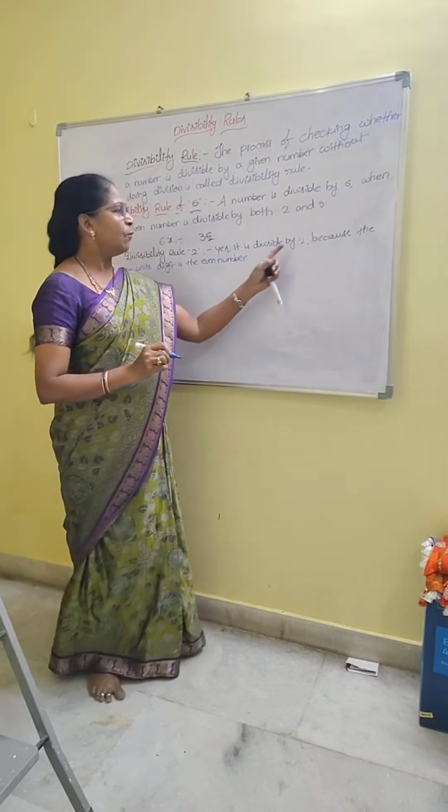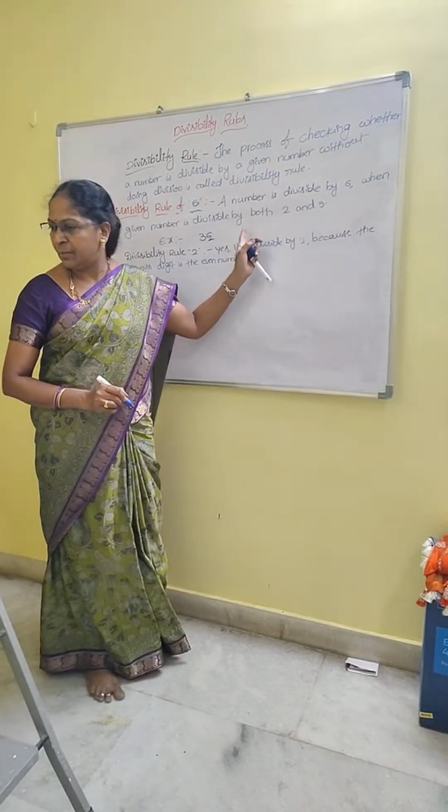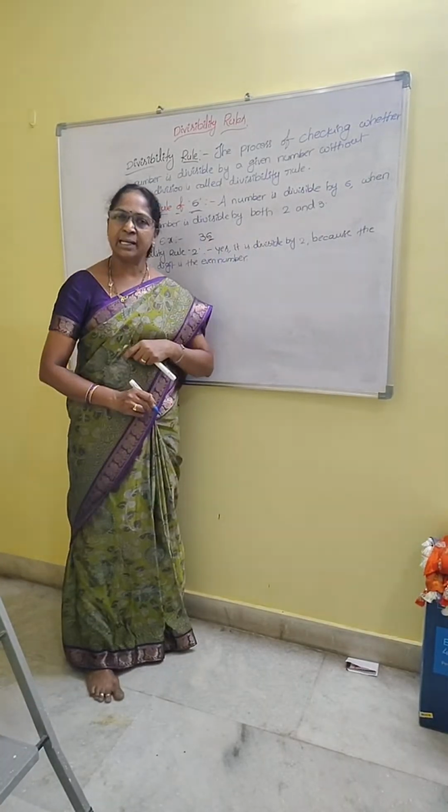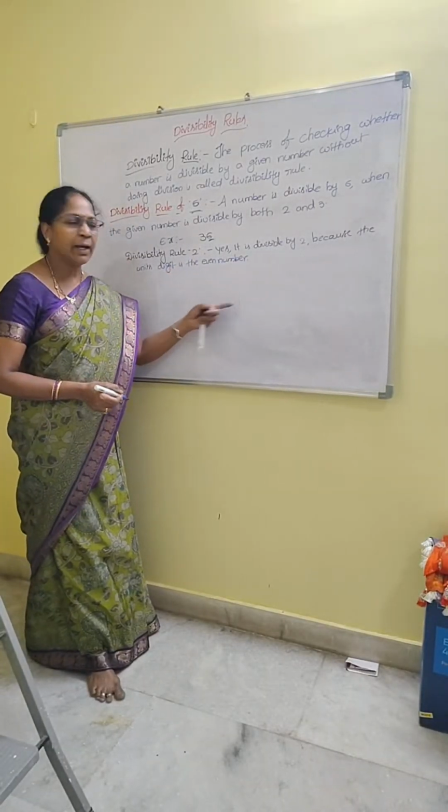Divisible by 2, why? Because the unit digit is an even number. Here the unit digit is 6. 6 is an even number. So you can say yes, it is divisible by 2.